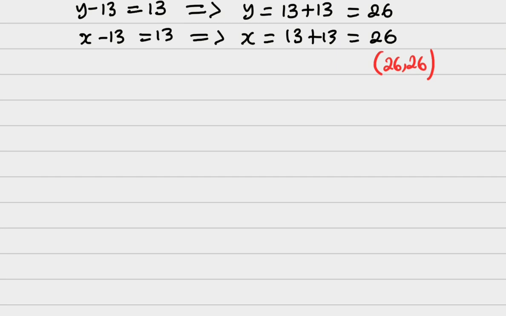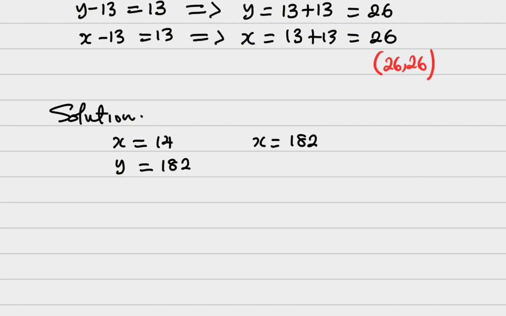So I can conclude that my solution to this question is that when x is equal to 14, my y will be 182. When my x is equal to 182, my y will be equal to 14. And in the case where x is equal to 26, then y will also be 26.